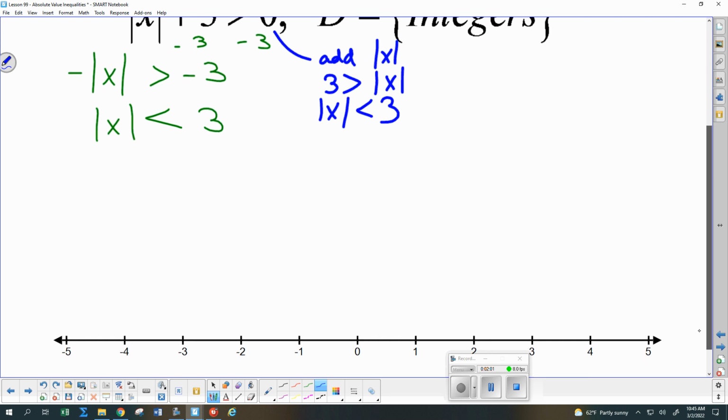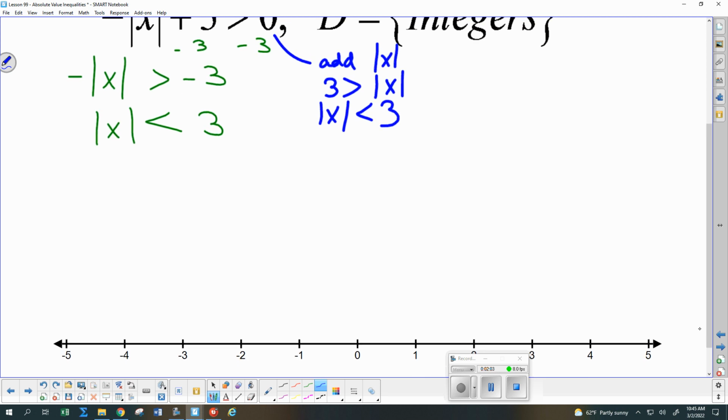When you get to this point, there are two ways of thinking about what that means. First off, in general, what's our definition of absolute value? What do you think? The distance from 0. So I'm delighted that you remembered that.